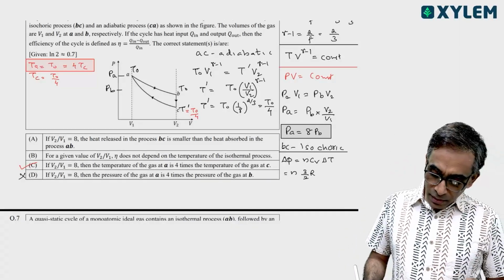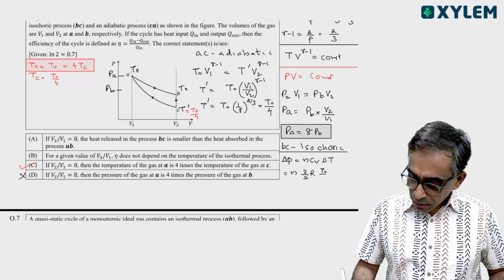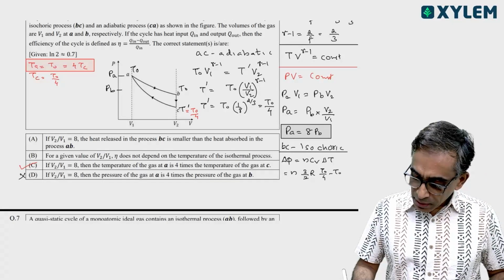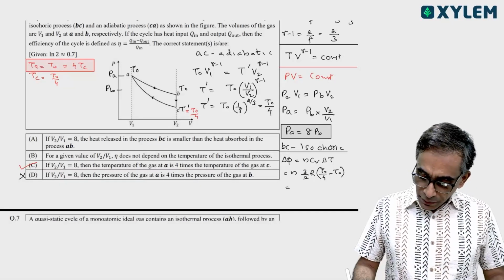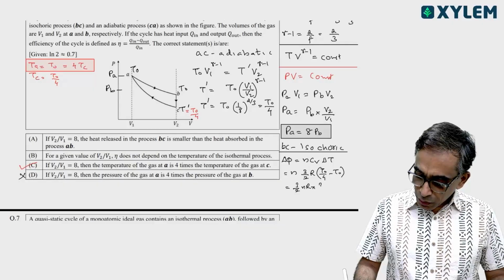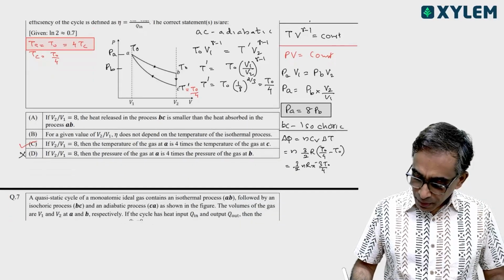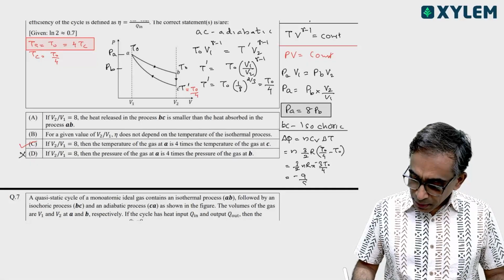So BC final will be T0 by 4 minus initially T0. So this will give you 3 by 2 nR into minus 3 T0 by 4. So that is basically minus 9 by 8 nR T0.